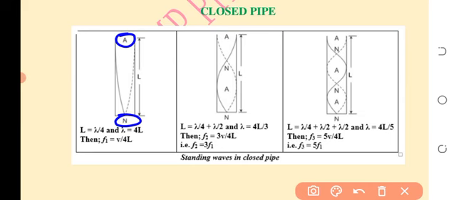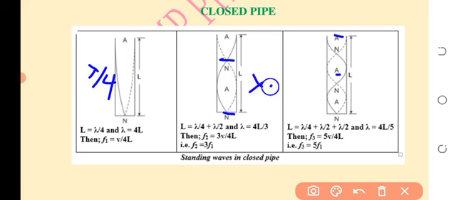And from what we've been treating so far, you can see that between an antinode and the consecutive node, we have a quarter of a wavelength. But between a node and another node, or between an antinode and another antinode, we have half of a wavelength.